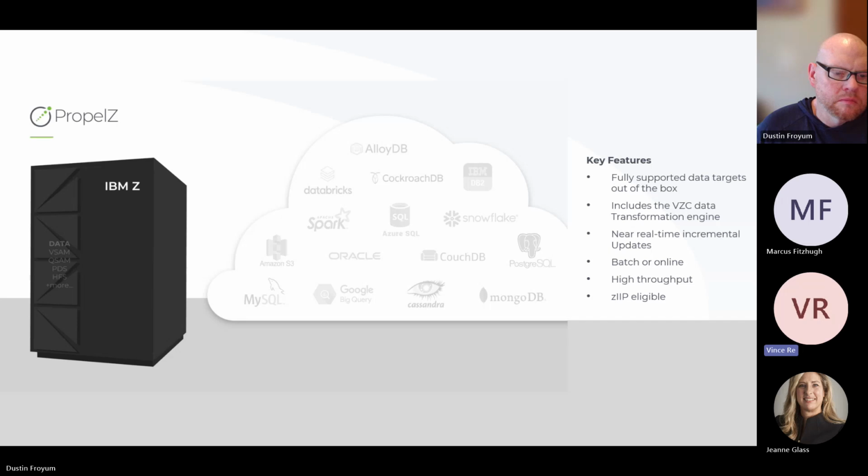That's everything from the traditional databases, Microsoft SQL Server, MySQL, Oracle, those types, all the way to more modern NoSQL databases, Hadoop or MongoDB, or just about anything can be supported with PropelZ.